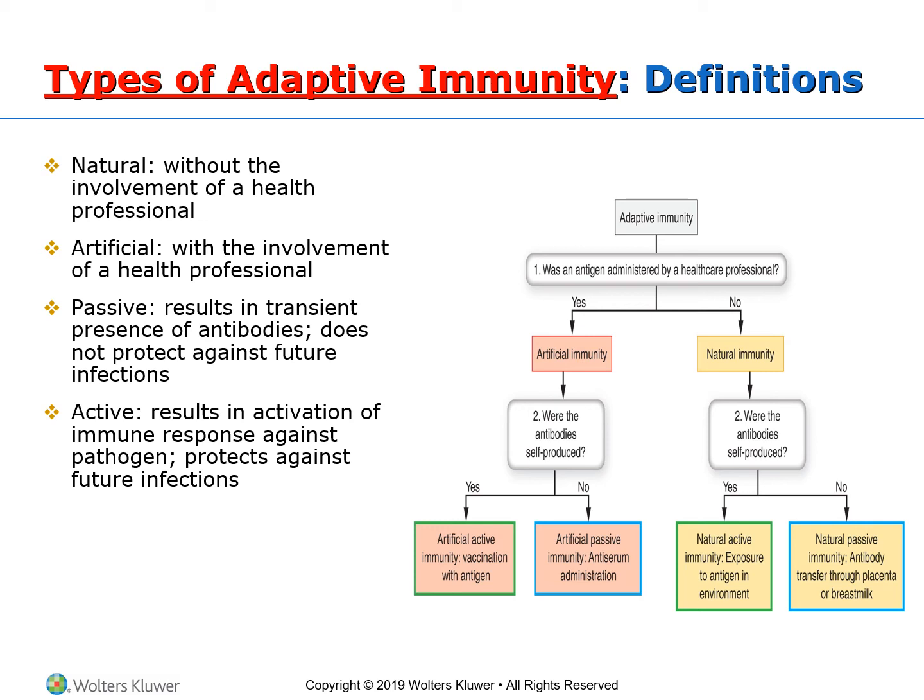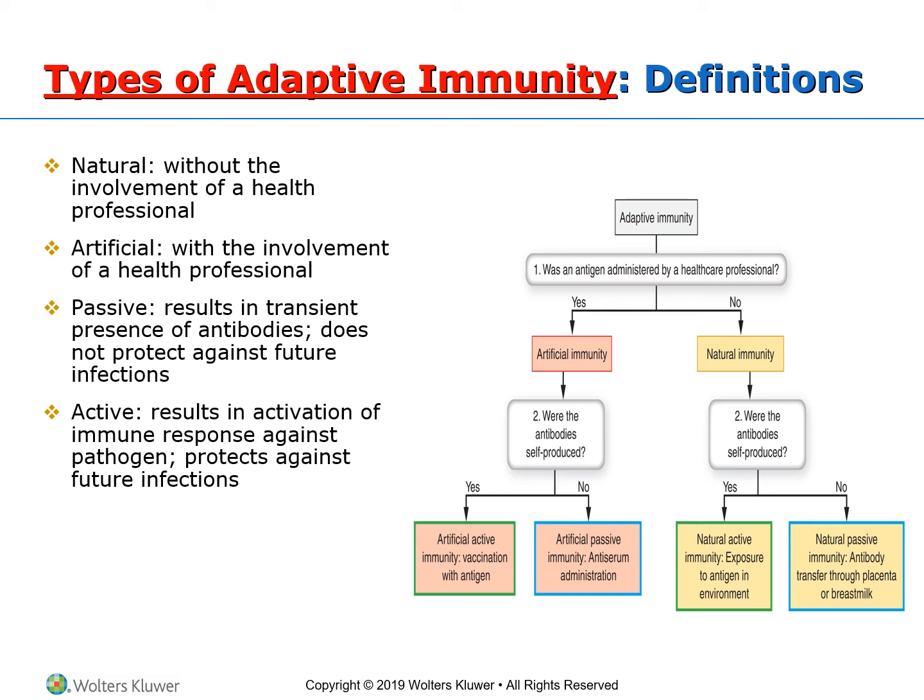We have a natural type, and that is without the involvement of a health professional. It means that I'm not vaccinated against the flu. I will get in touch with that germ this season, I will get the disease, and as a result I will become sick. And as a result of that, I will gain immunity against the flu, definitely just against the flu for this season, for this strain.